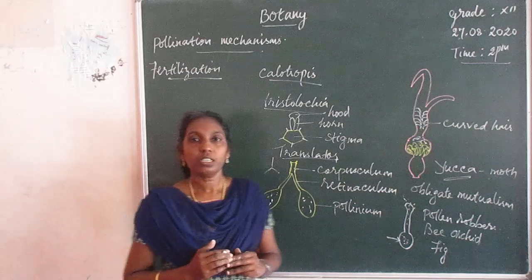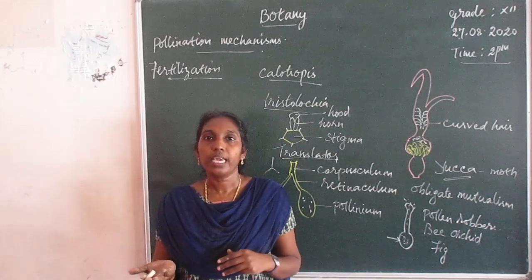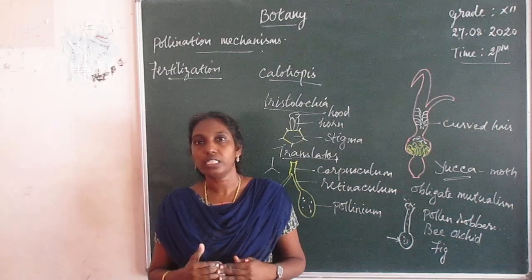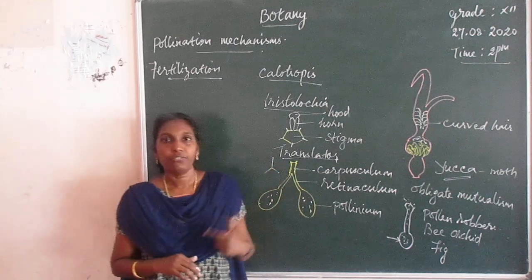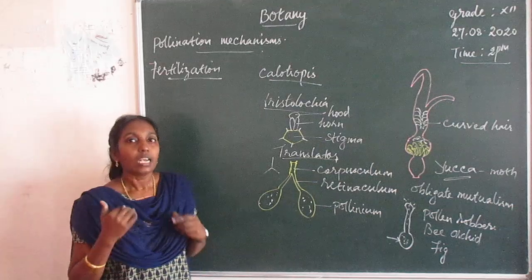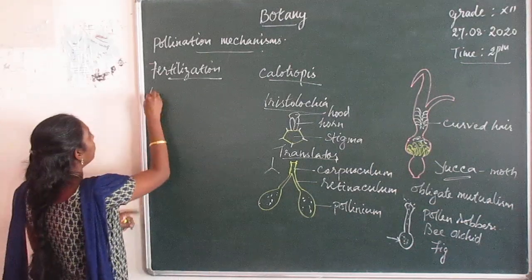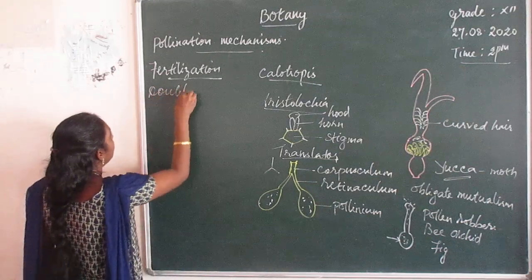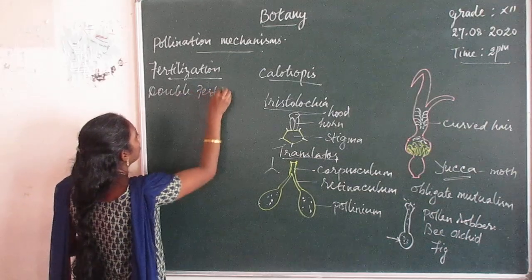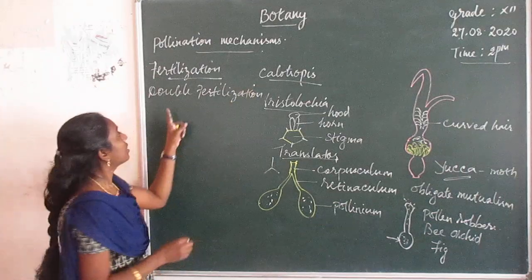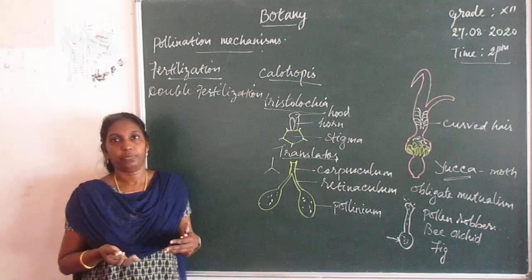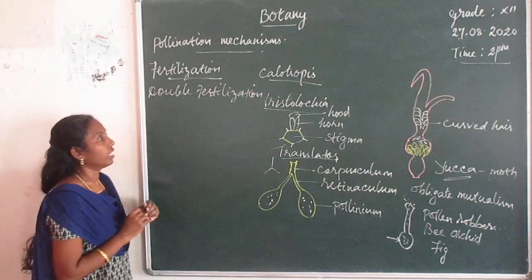Define fertilization: fusion of male and female gametes is called fertilization. In angiosperms, fertilization is of the type double fertilization. What are the events of fertilization?